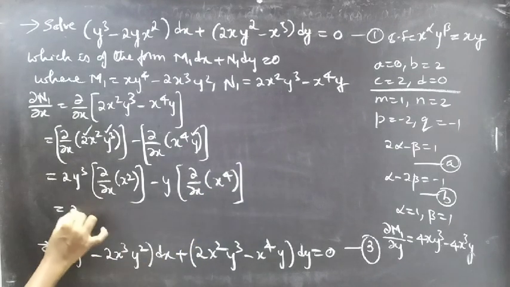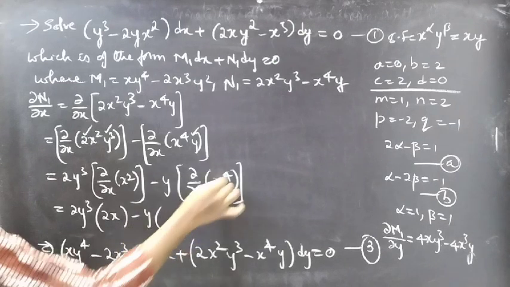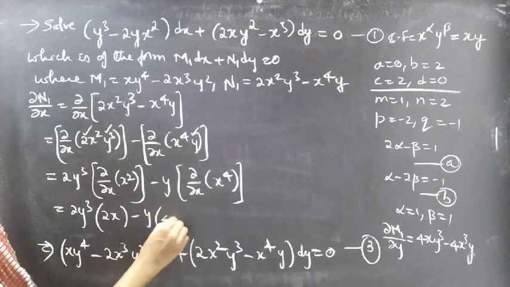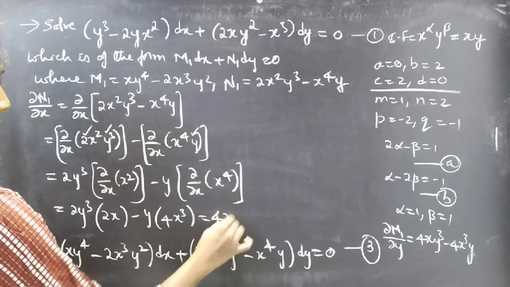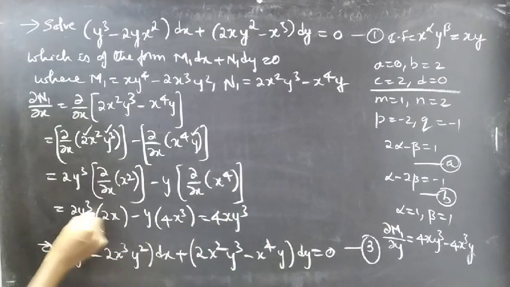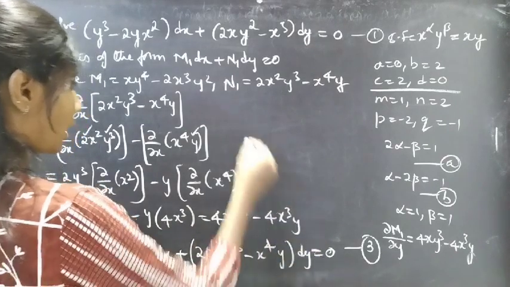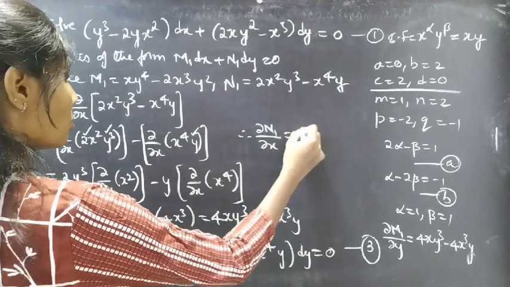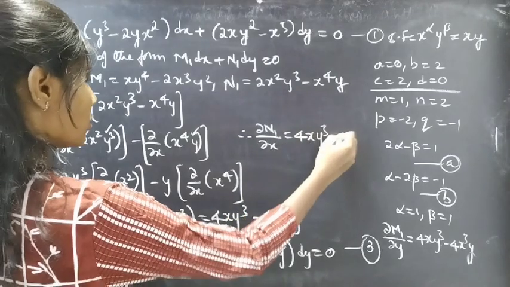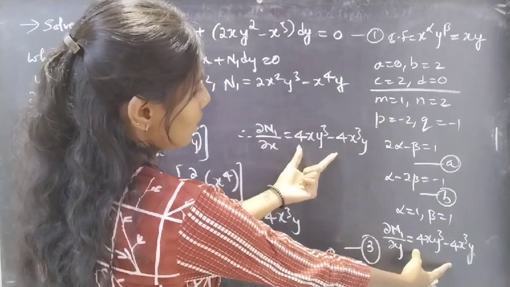Which gives us 2y cube into 2x, minus y into 4x cube, which gives us 4xy cube minus 4x cube y. Therefore, partial derivative of N1 with respect to x is 4xy cube minus 4x cube y. See, we have the same thing.